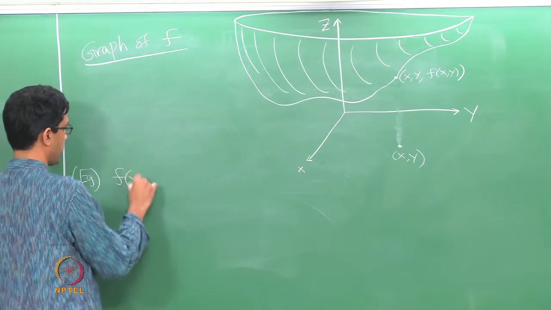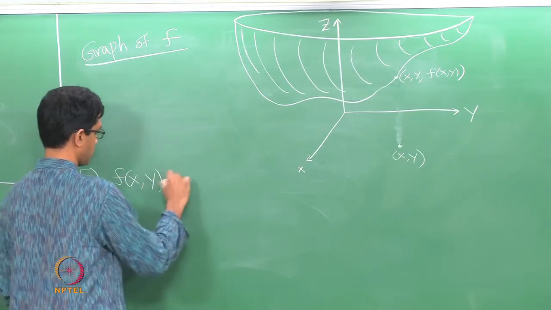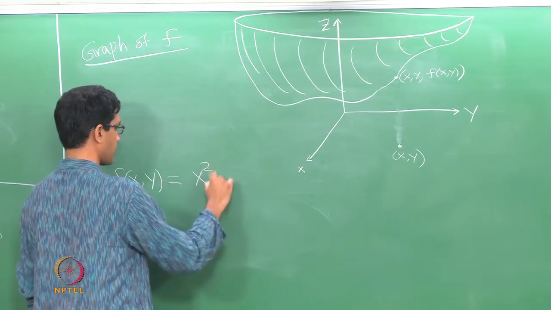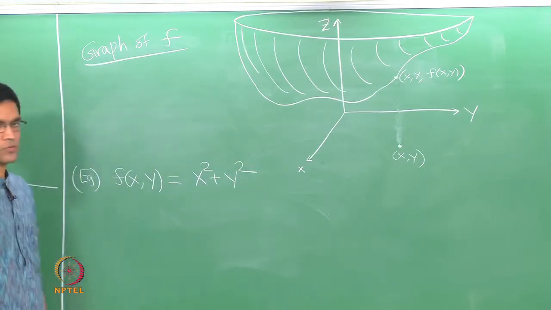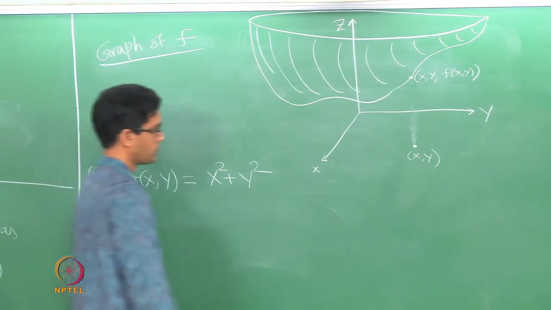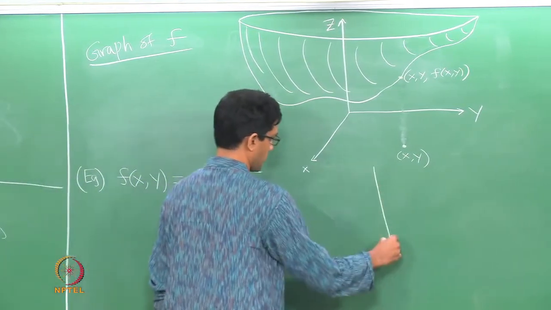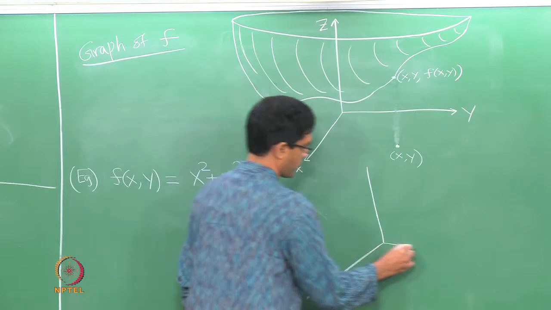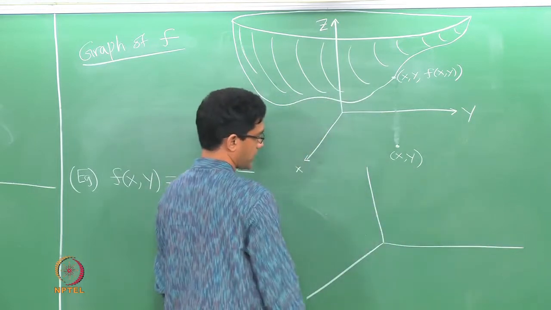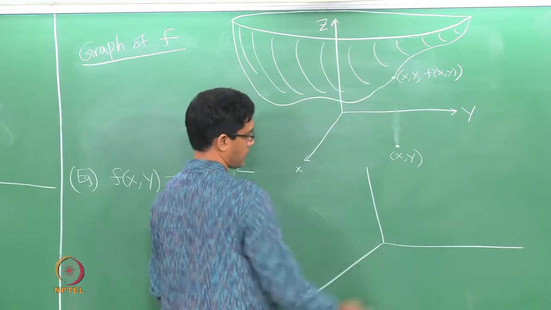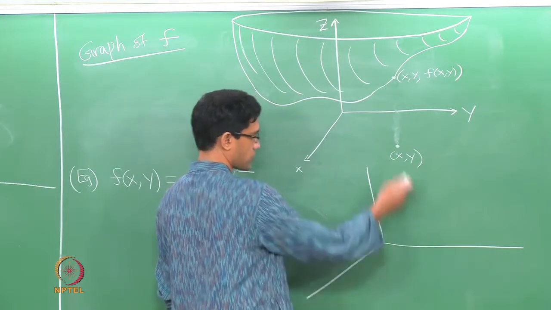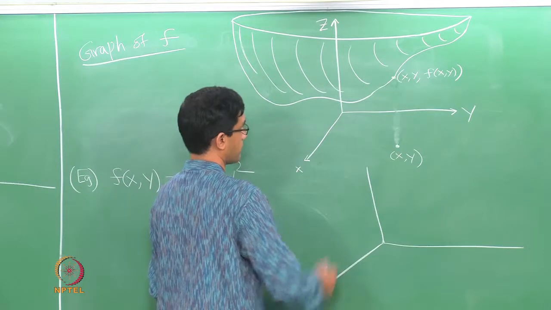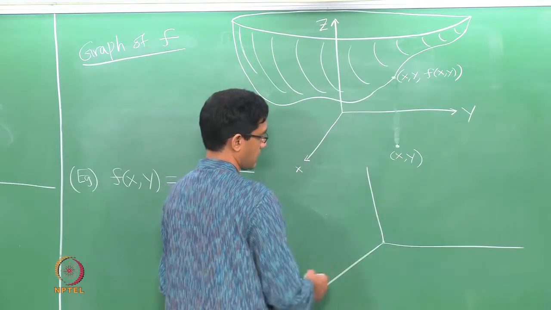If I take a function f of x comma y to be the function x squared plus y squared, then if you try and draw the graph of this function, what it does is that for each value of x and y it gives you the distance squared from the origin. So, the farther the point is from the origin, the larger the z value essentially.